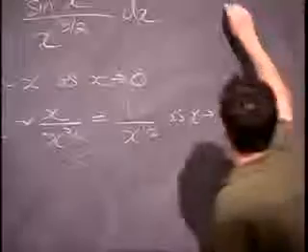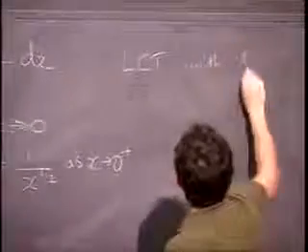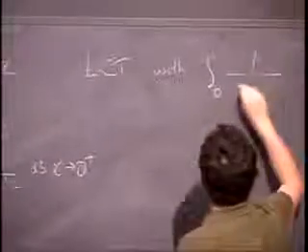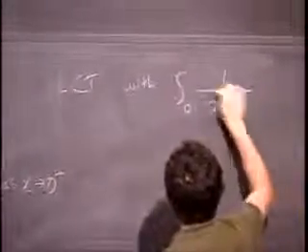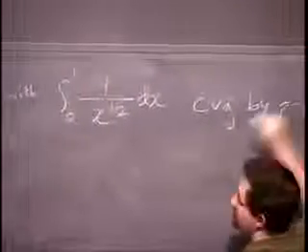So this one can be solved by limit comparison test with the integral from 0 to 1 of 1 over x to the 1/2, which converges by the p-test. So the original one converges. Again, more work is needed, but that is the guts of the proof. Any questions about that one?